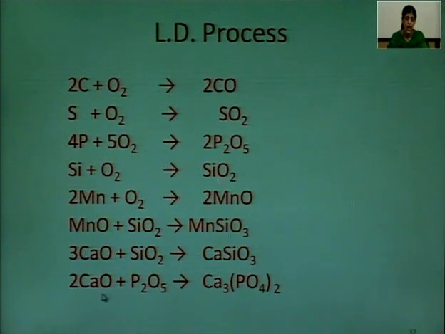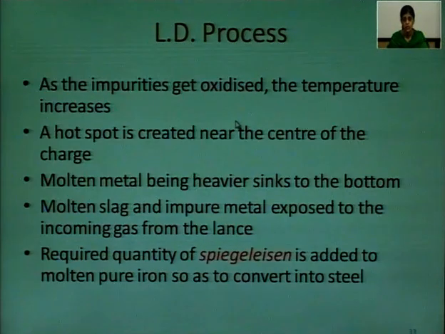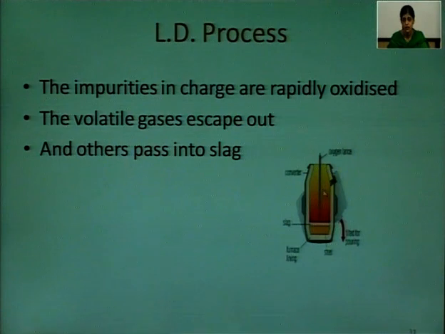Calcium oxide and P2O5 will form calcium phosphate. These three, MnSiO3, CaSiO3 and Ca3(PO4)2, will form the slag, and carbon monoxide and sulfur dioxide will move out as gases.